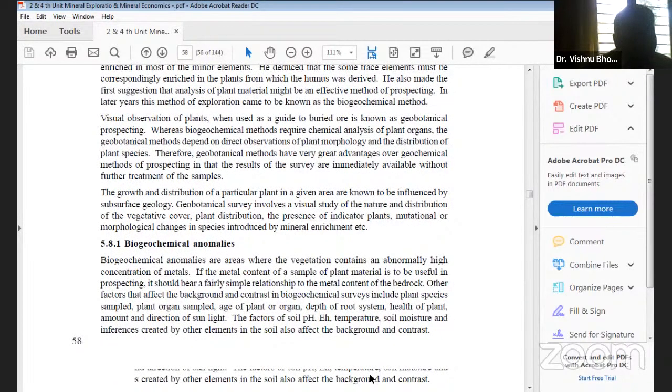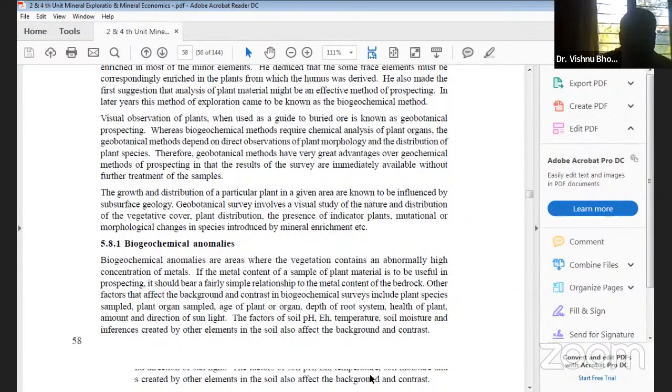If you observe the morphological features of plants and use them as a guide to buried ore, it is known as geobotanical prospecting, whereas the biogeochemical method requires chemical analysis of plant organs.